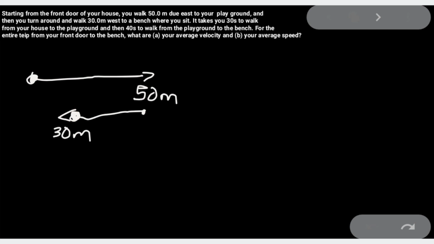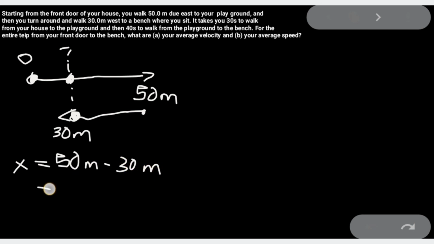So, if we have a line here, this is the 0, and what is this? So the displacement for this is 50 meter minus 30 meter. We now then have 20 meter. So we can use this as the displacement.